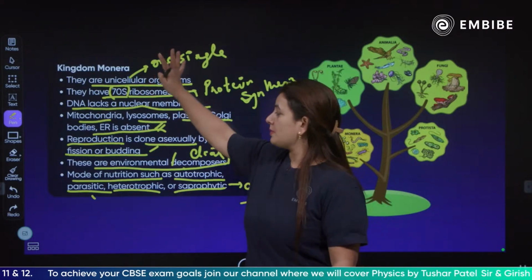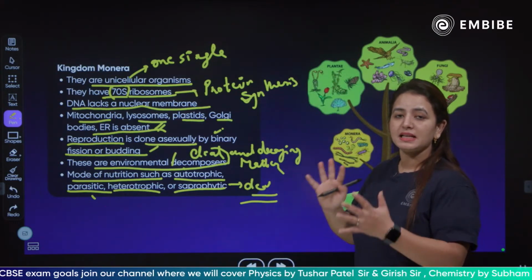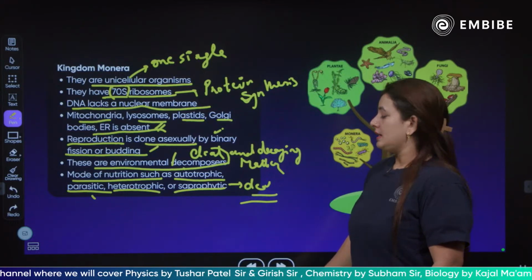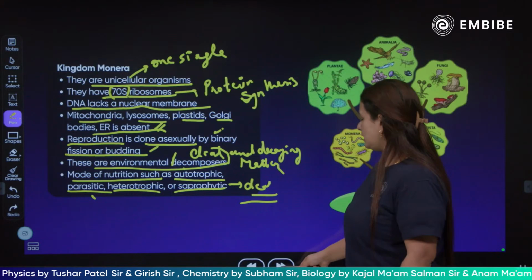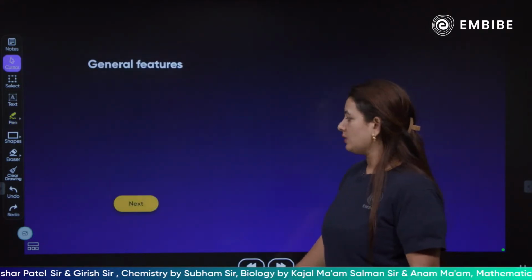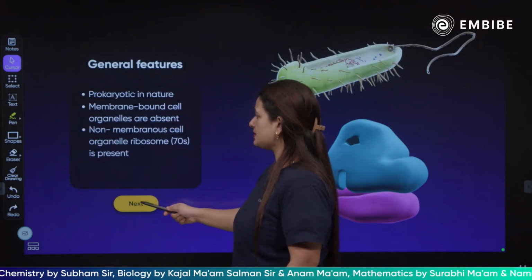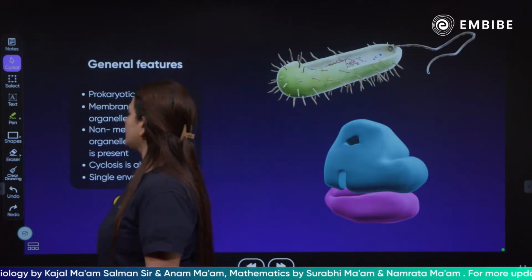So these are a few characteristics of monerans which we have discussed. These are the basic characteristics they possess. Next, talking more about Monera, we again discuss the general characteristics, which are more precise. They are prokaryotic in nature.